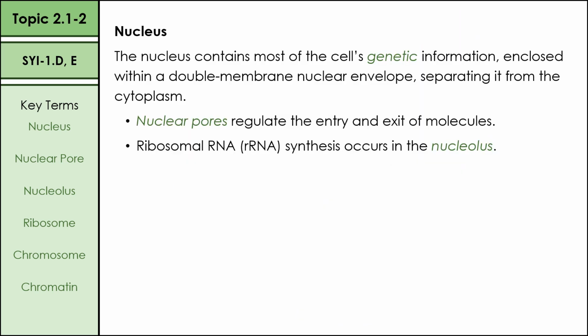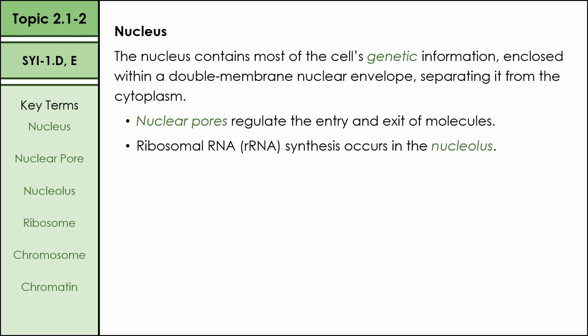So, what does the nucleus do? The nucleus contains most of our cell's genetic information. There is some genetic information that is stored in some other organelles, notably the mitochondria and the chloroplast, which hints at their prokaryotic origins.